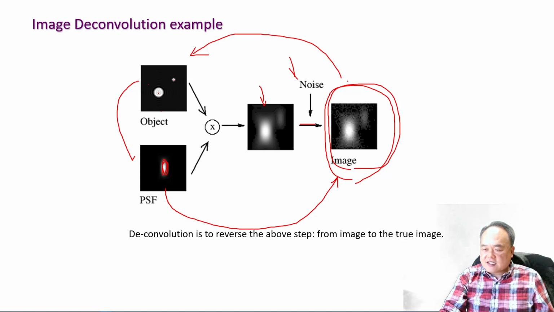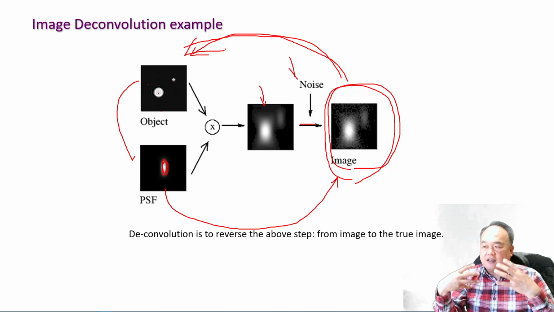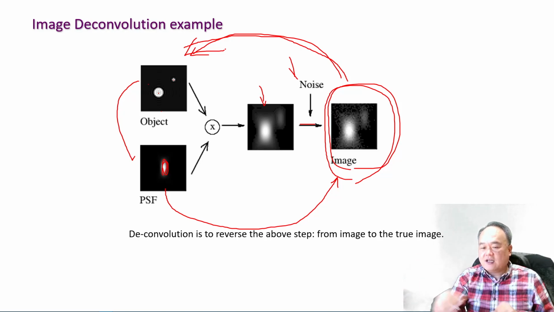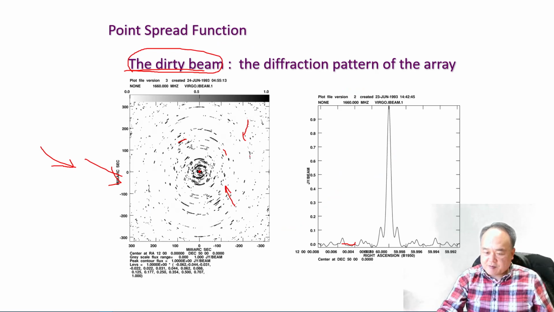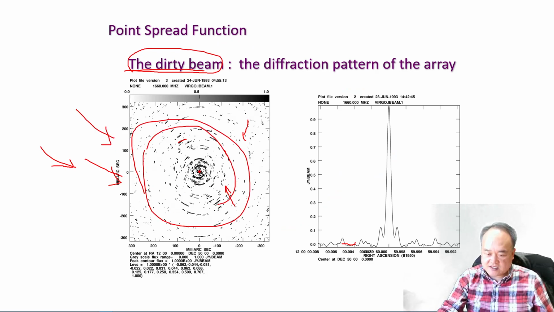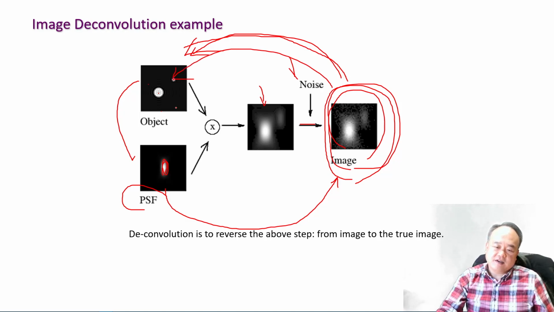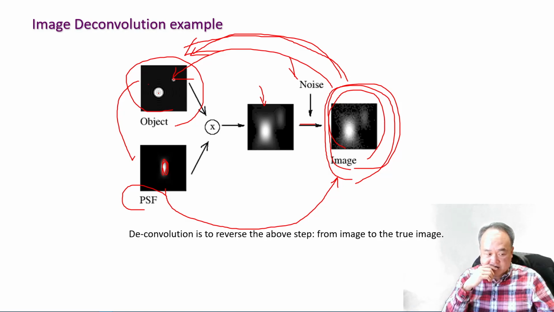So this is the so-called image deconvolution, and for radio telescopes, especially array observations, we always have to do this image deconvolution by using the reproduced PSF structure. This PSF structure is decomposed from the final recorded image, and then we can recover the original celestial object images.